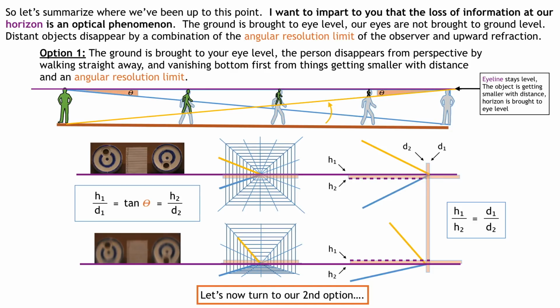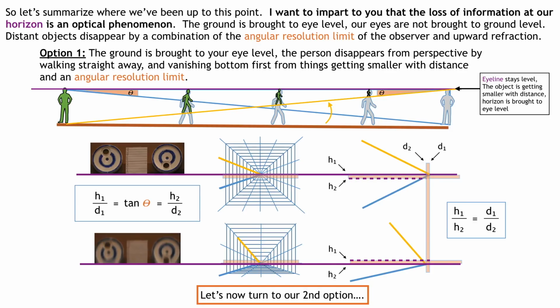If the object starts out above your horizon line and travels straight away from you, it will appear to descend until it hits the purple eye line, or vanishing line, at which point it will set. We've summarized that phenomenon here as h1 over d1 equal to tan theta equal to h2 over d2, or summarized as h1 over h2 equal to d1 over d2.